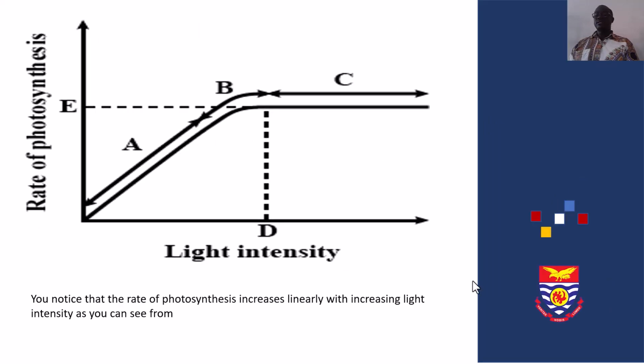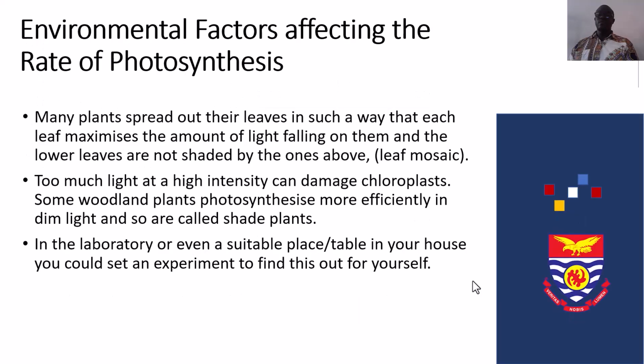You see that it begins from a point and moves steadily, and you notice that the rate of photosynthesis increases linearly with increasing light intensity, as you can see from the graph.